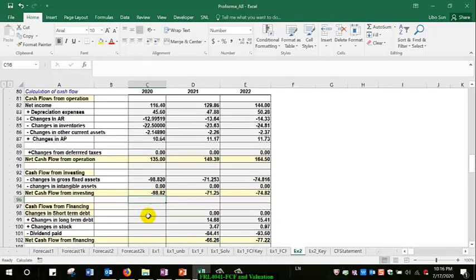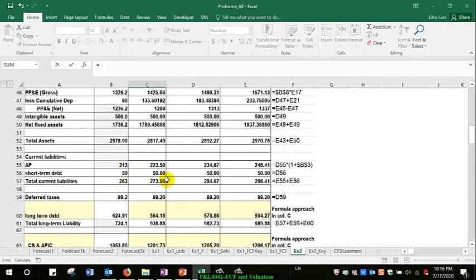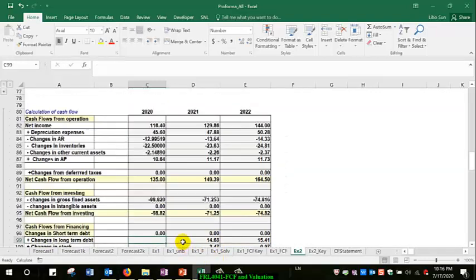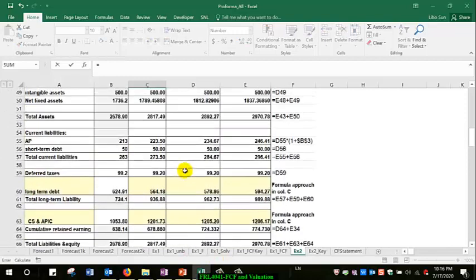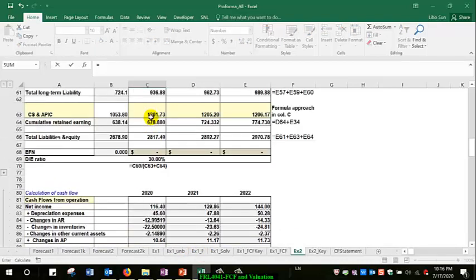Next, cash flow from financing. So short term is notes payable. We have again new minus old, 50 minus 50. Then we have long-term debt. Long-term debt, new minus old. Common stock, new minus old.